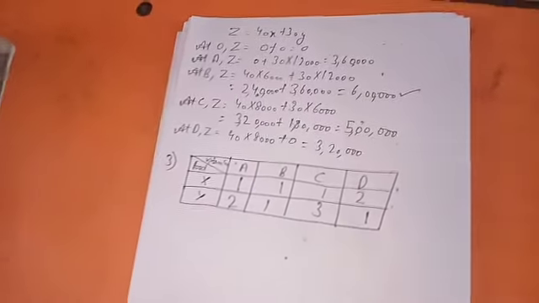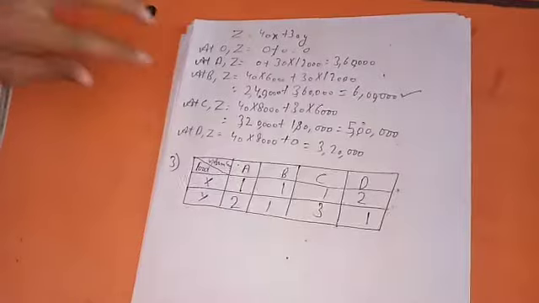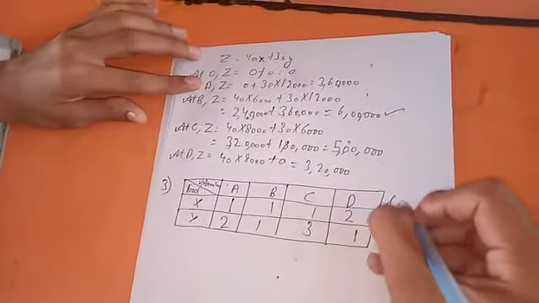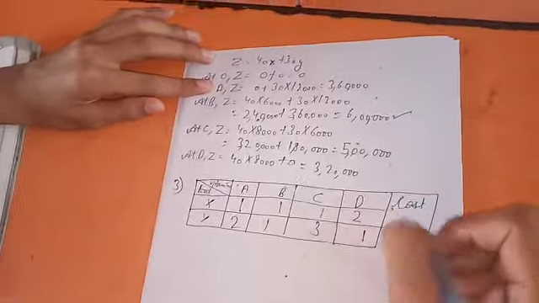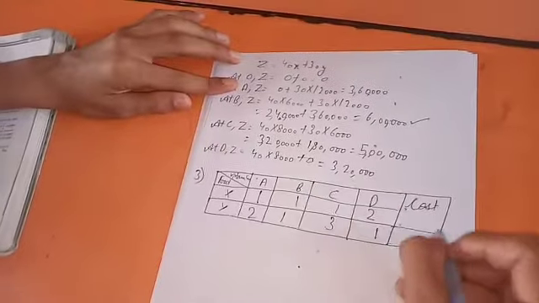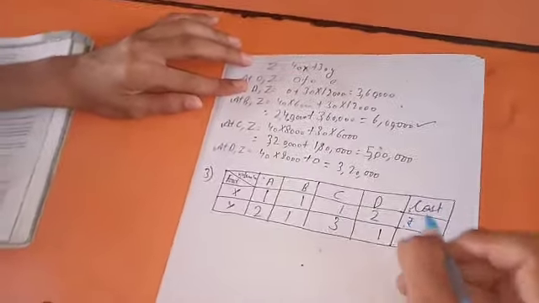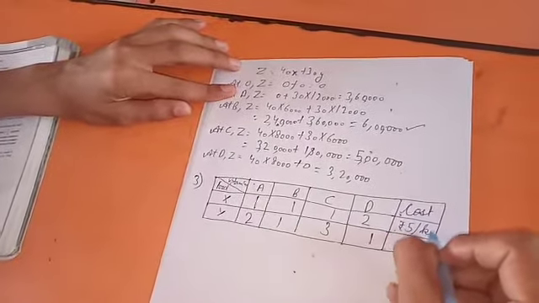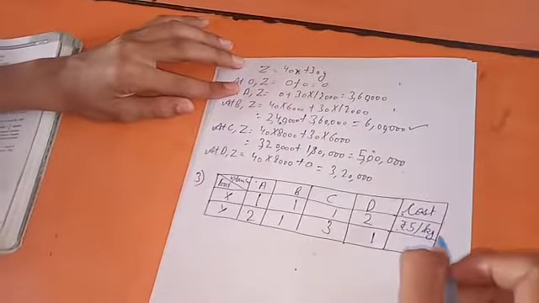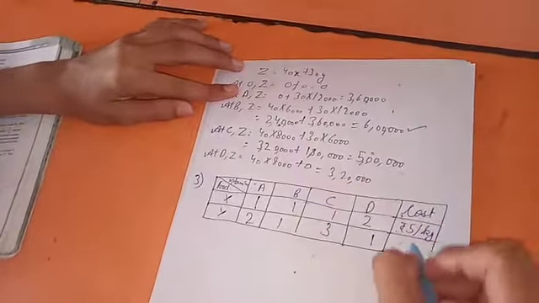And what else is given to us is the cost. The cost of food X is rupees 5 per kg and of Y is rupees 8 per kg.